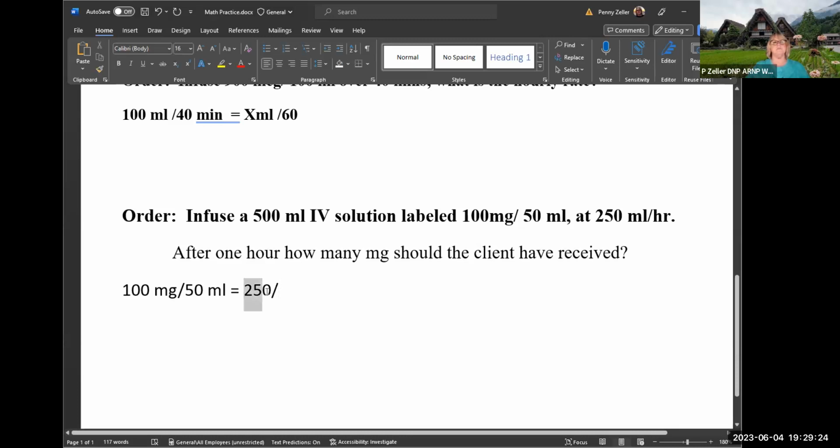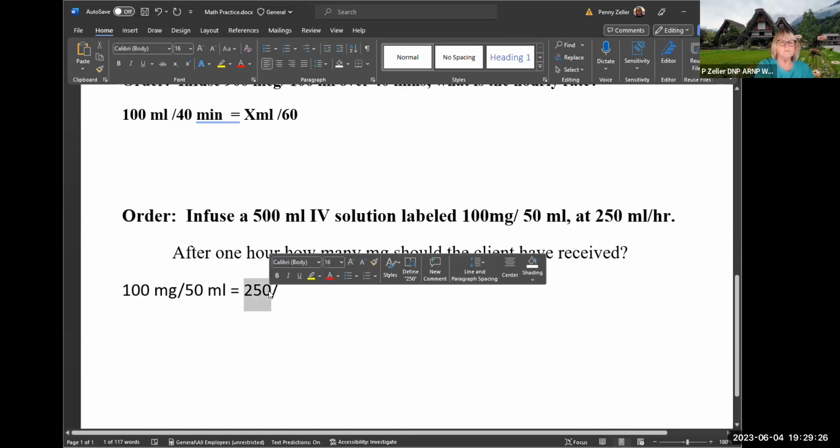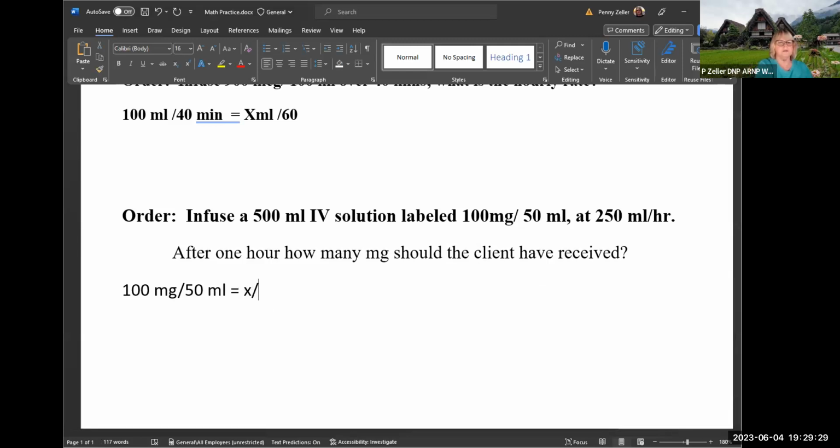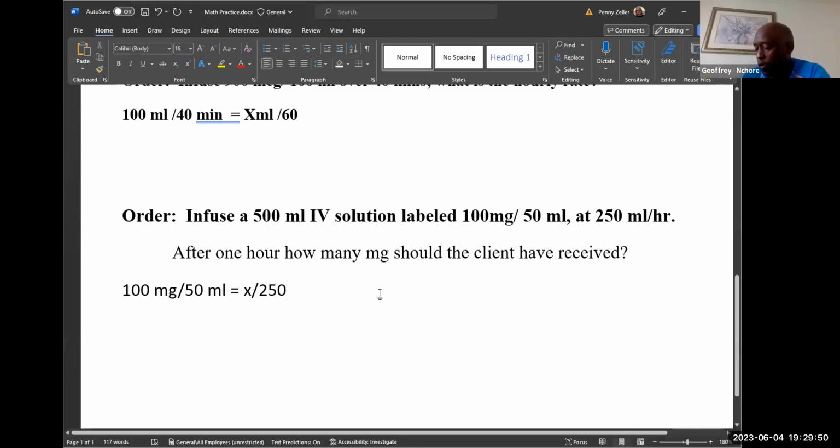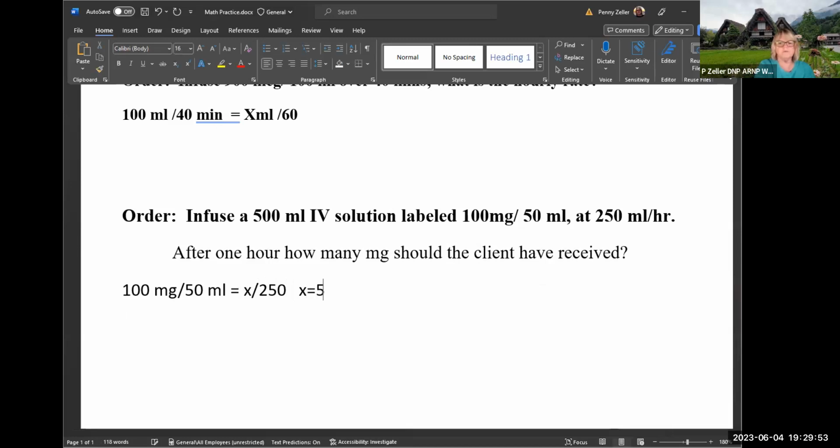I don't have this set up right. X over 250. There we go. Is that right? So X equals 500 what? 500 mL.